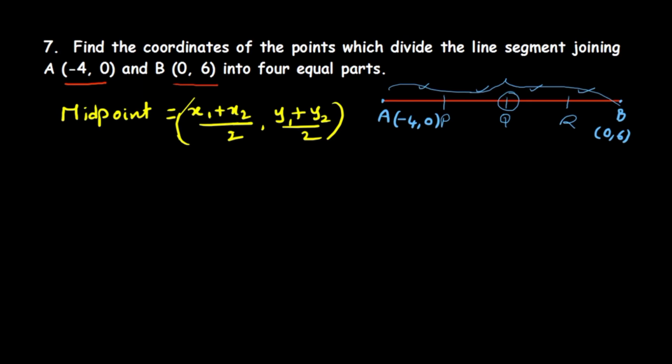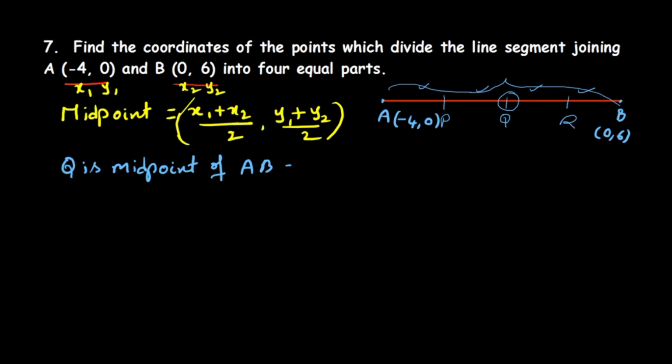Now the given 2 points, I am taking as x1 y1 and x2 y2. Now Q is the midpoint of AB.